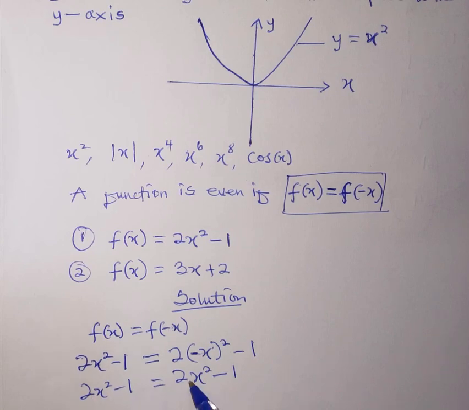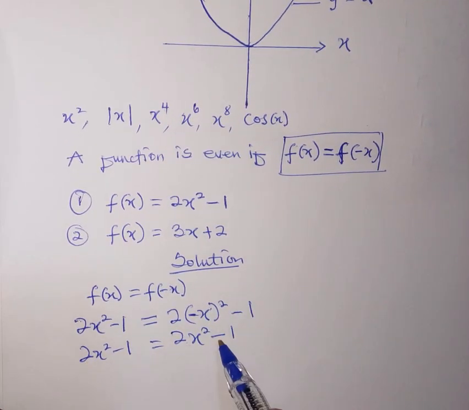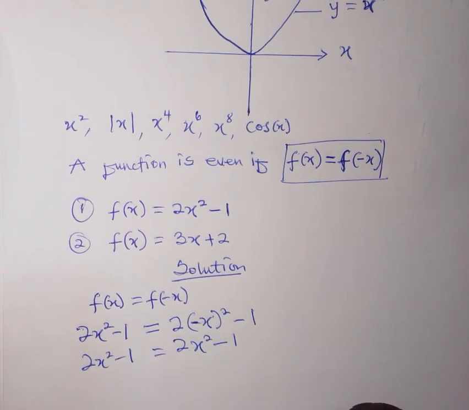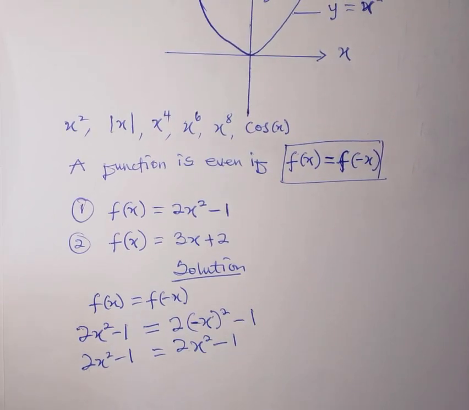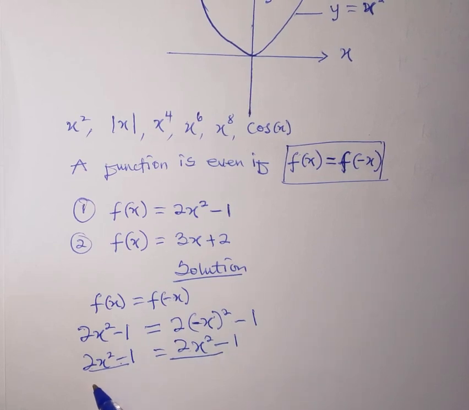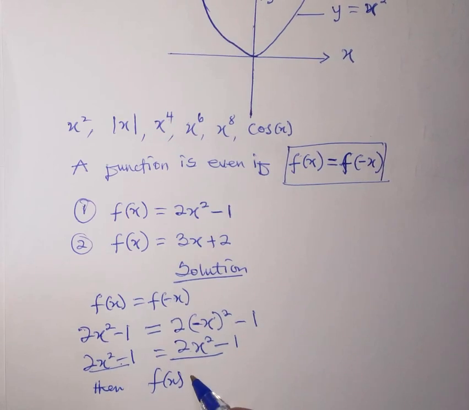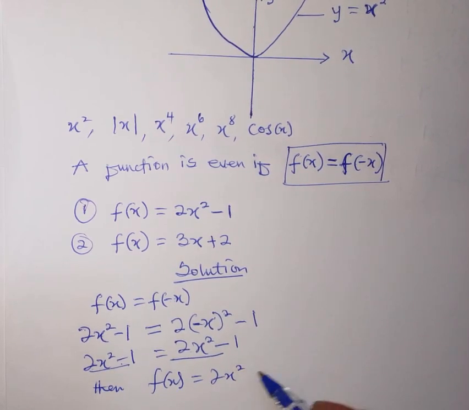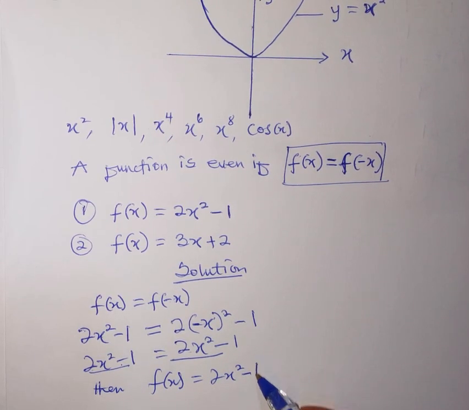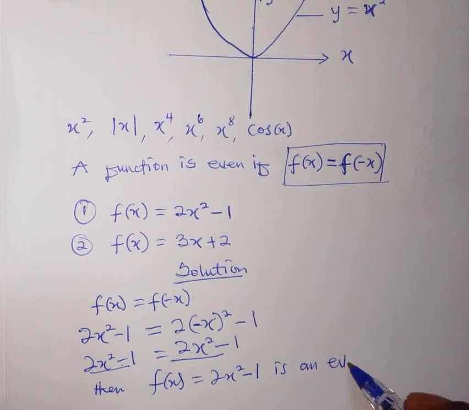So this is the same as that, and we can conclude that the function is what? Even. Okay, so you can just say therefore, since this function is equal to this function, then f at x equal to 2x squared minus 1 is an even function.